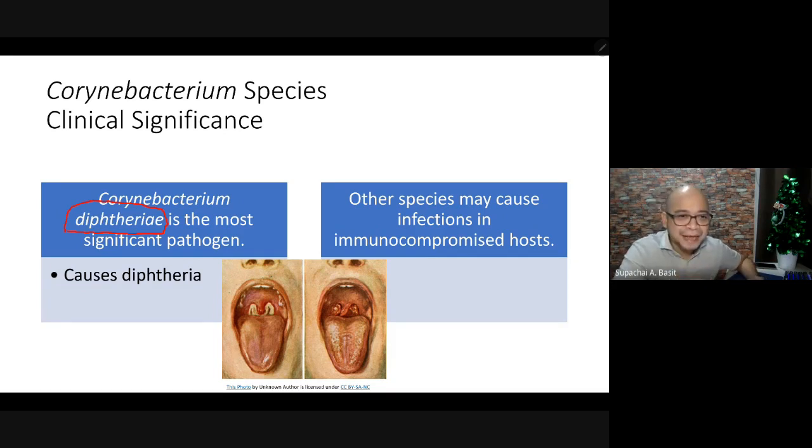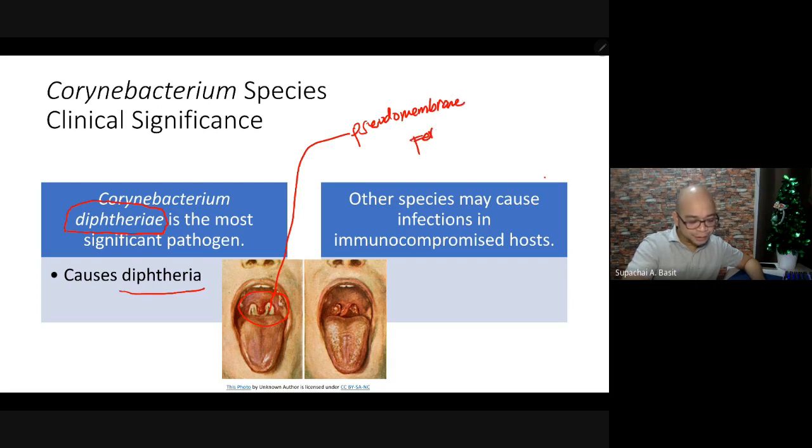Diphtheria. So it causes diphtheria. And diphtheria is an infection of the upper respiratory tract. Usually, you will see the presence of pseudomembrane formation. This is an example of a throat without pseudomembrane, and this one is an example of a throat with pseudomembrane.